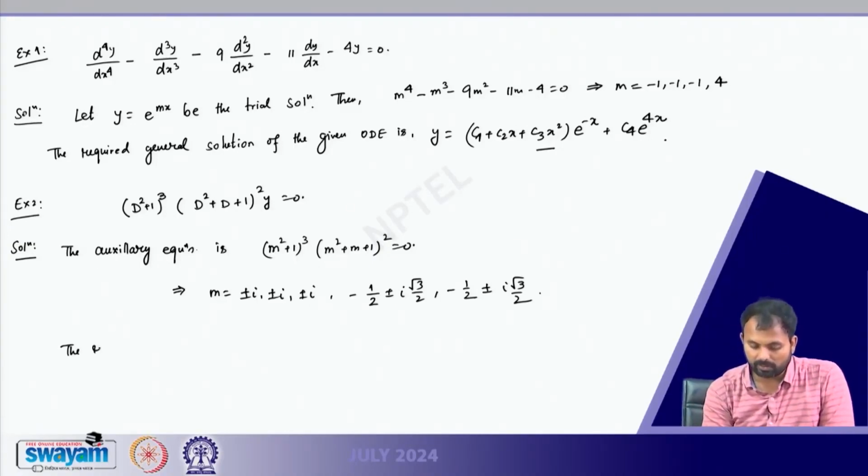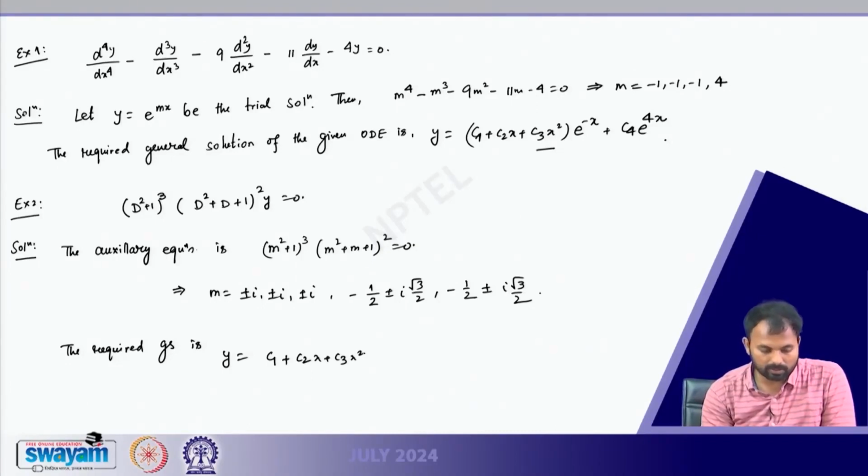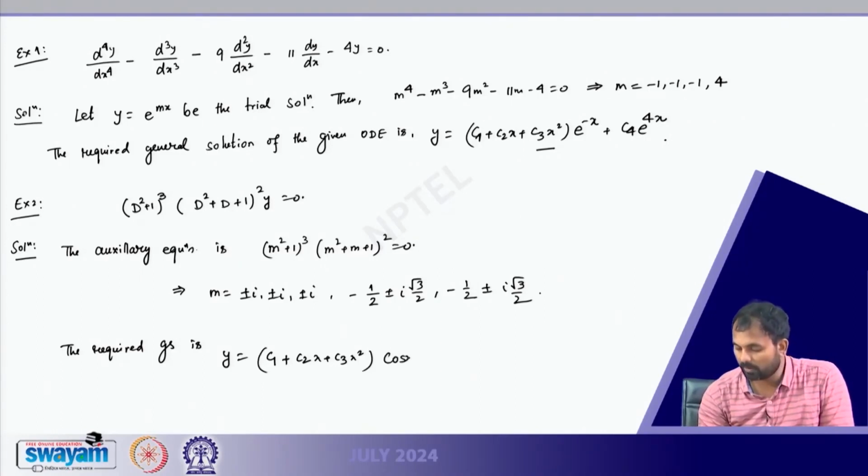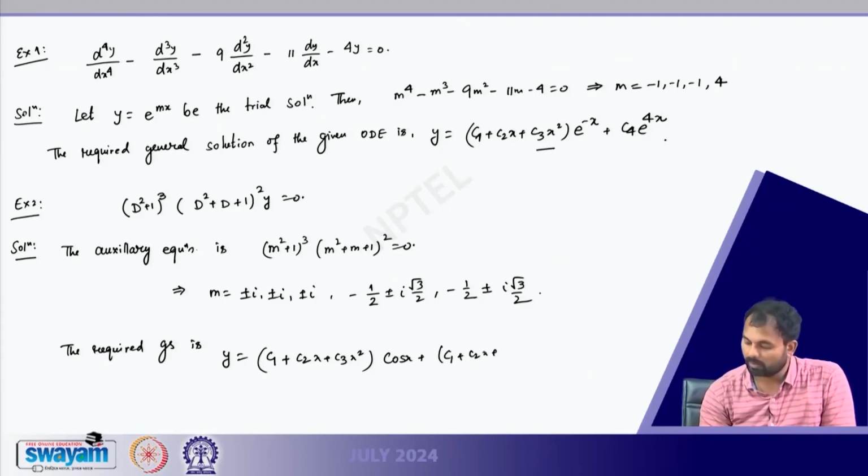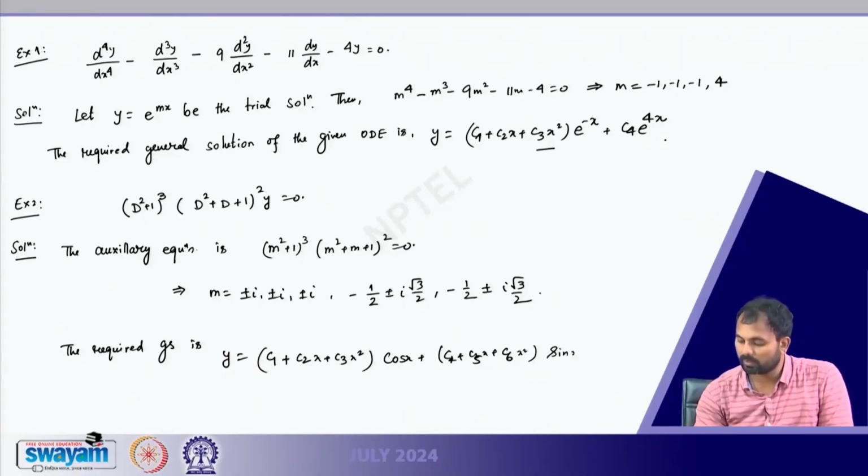Therefore, the required general solution is y equals (c1 plus c2x plus c3x square) into cos x, plus (c4 plus c5x plus c6x square) into sin x.